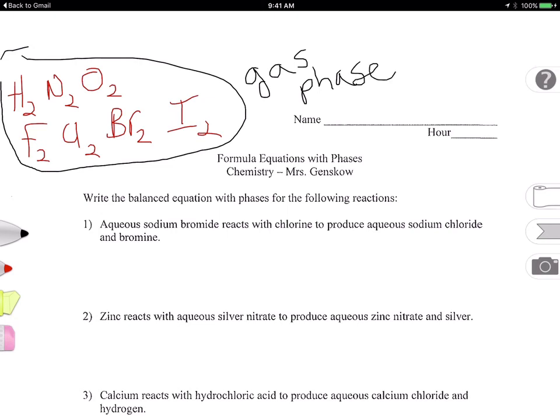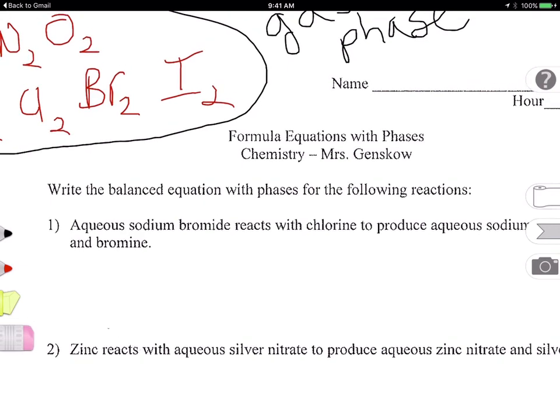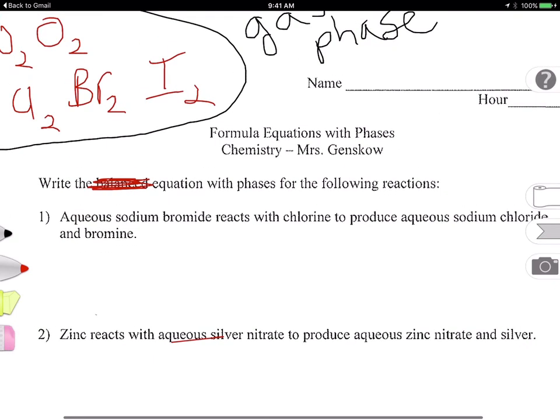So as we're putting phase labels on this worksheet, when you run into one of these 7, they are gas. Okay, and so here we go. Let's write the equation. Don't worry, we're not doing balancing. You're just writing the equation. We haven't gotten into balancing yet. Okay, so here we go.